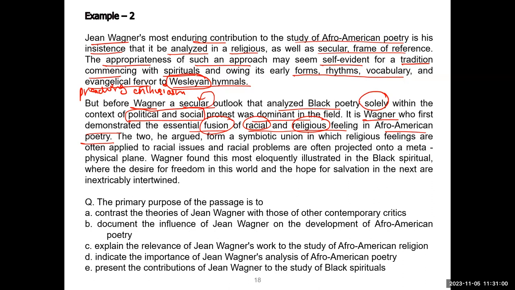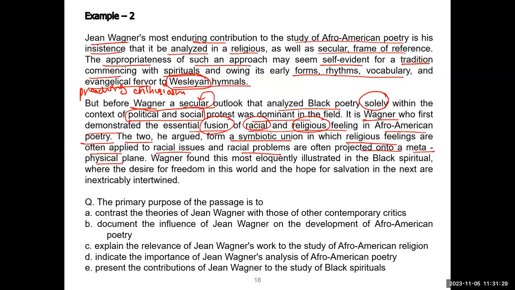And according to Wagner, these two actually form a symbiotic union. Symbiotic union means they form a union in which they give and take from each other. They benefit from the presence of each other. And you will see in Afro-American poetry, many times religious feelings are applied to racial issues, and racial problems are projected onto a metaphysical plane.